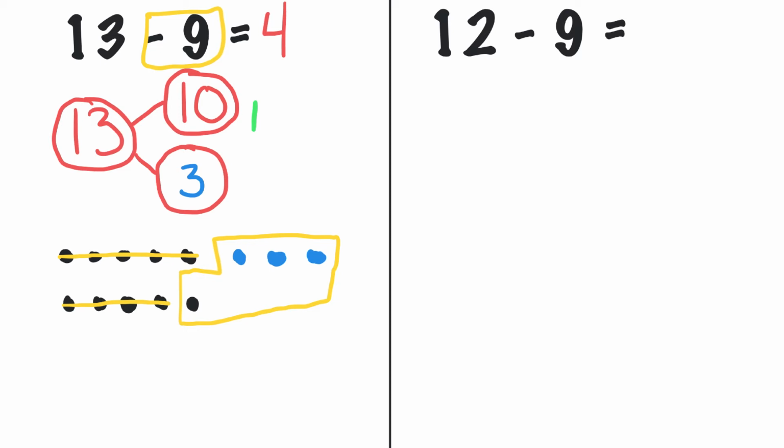And here's my 1 right here. Let me draw a line to show you. So there's my 1 right there. So some of you may have seen that I know 10 minus 9 is 1. And then what I have left over, just like when we add, we take what we have left over here. There's my 3. 3 plus 1 is 4.